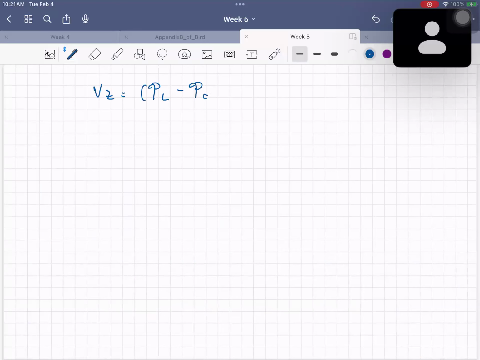PL, P0, right? If I take big R square out of the parenthesis, just rearrange the equation.